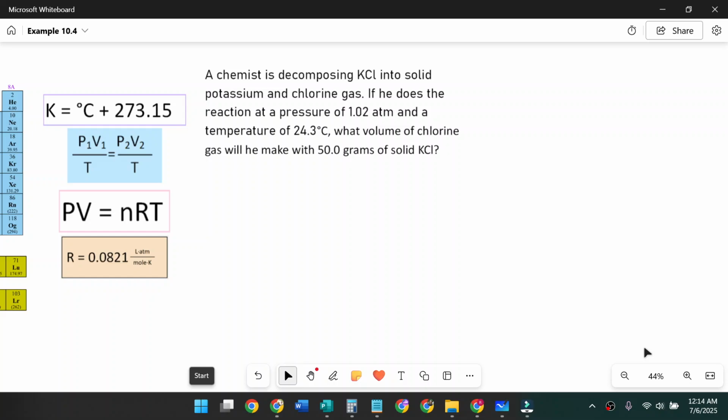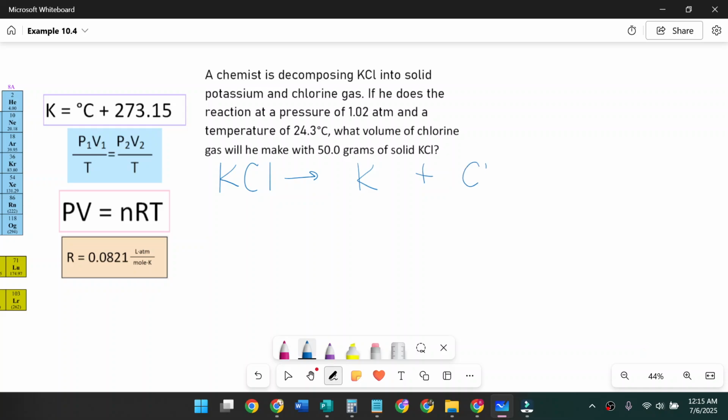So this problem has a lot to unpack. Let's start with the beginning. We are told that he's decomposing this, which means we're starting with a substance and we're breaking it apart into things.